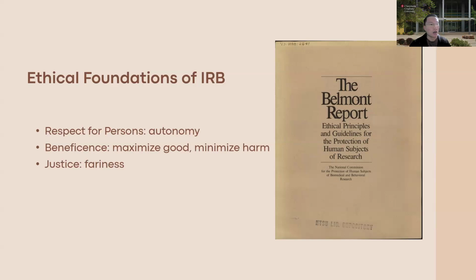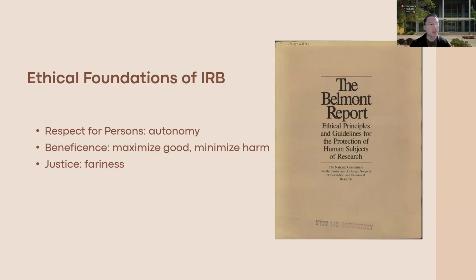And these are respect for persons, beneficence, and justice. I want to go into a little more detail on each one of the principles, since they're critical for understanding what IRB is and why it exists.